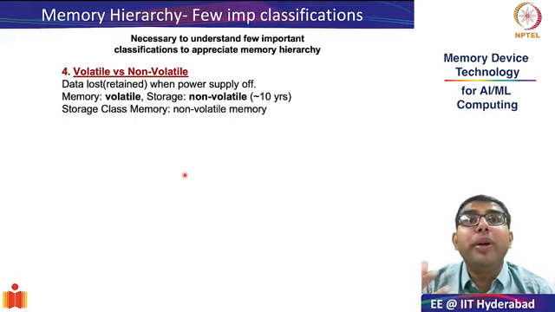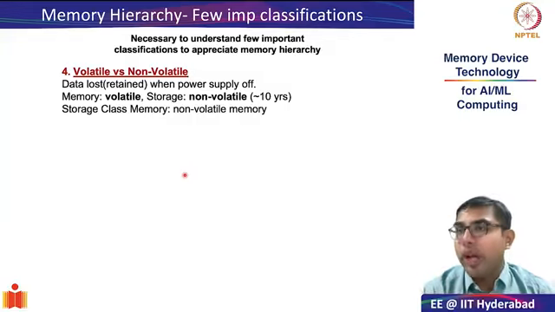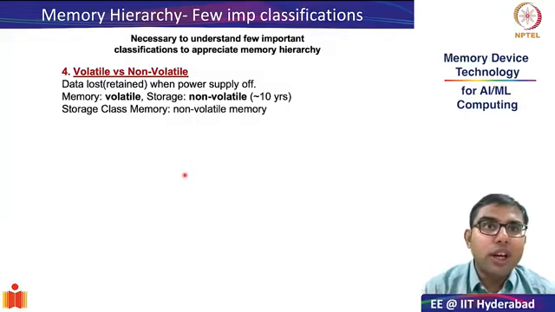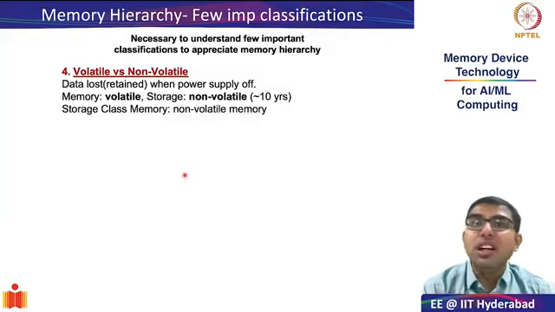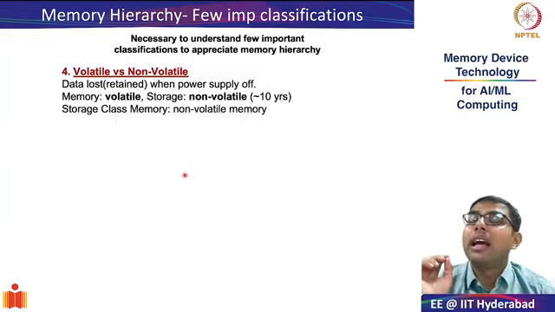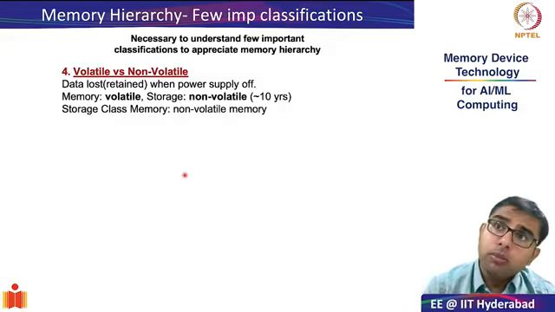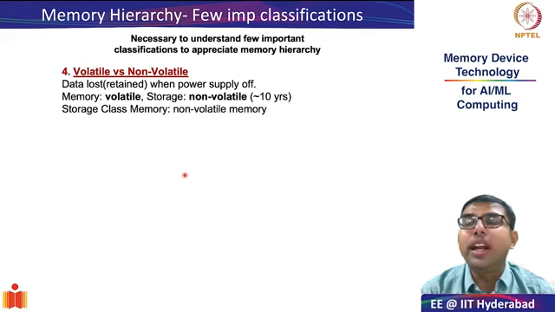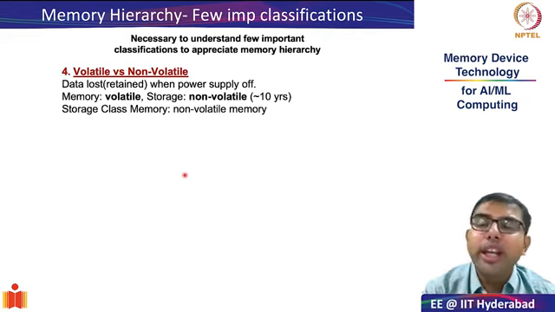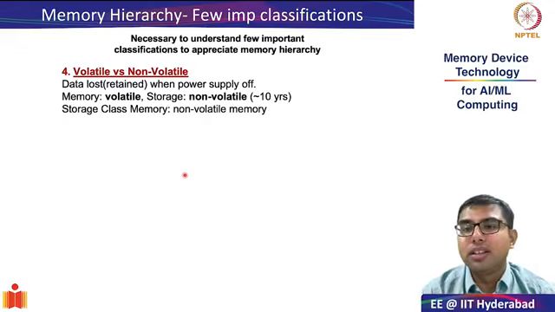For how long should the device element be able to hold on to data? A simple definition which comes from industry standards is 10 years. If you store a bit into a memory element, a storage element, and it is able to retain it for 10 years, then only probably you can call it a non-volatile storage element.